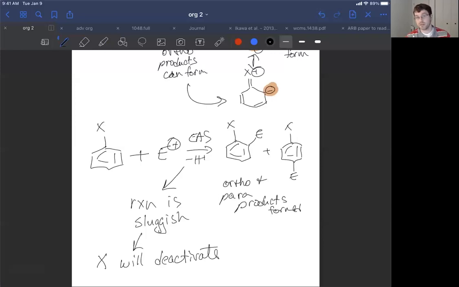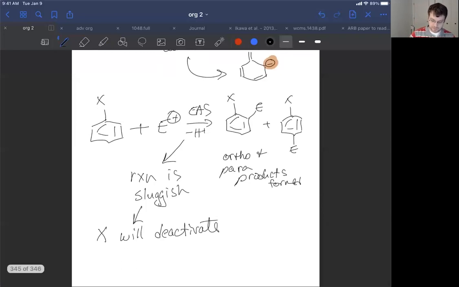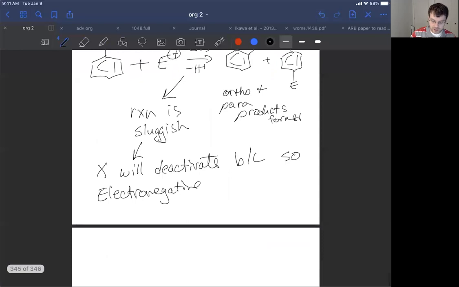There's that one exception. That one exception is when the substituent X is so electronegative. So this thing is so strongly electronegative. The bond between carbon and halogen is so polarized that we see a very strong dipole.